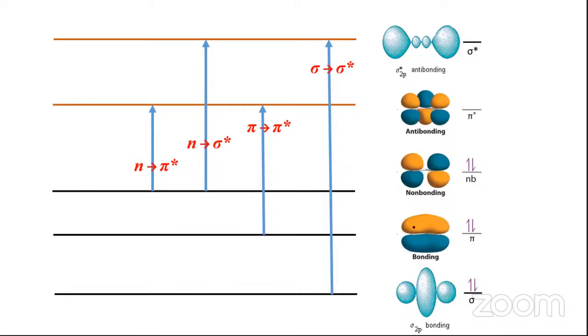Now, why I'm telling you this is because we know that the pi bonds are formed due to lateral overlap, right? So if I draw like this, one atomic orbital was like this, another atomic orbital was like this, and then there was a lateral overlap happening, correct?